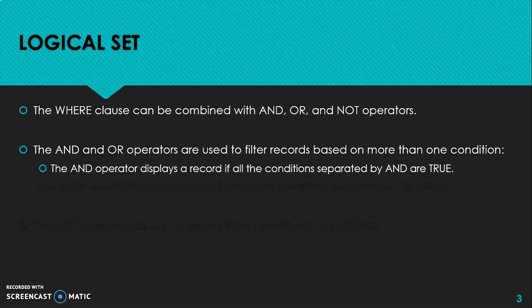Whatever conditions are separated by the AND operator, all conditions should be true to give you the result. If at least one condition is false, then you will not get any result.